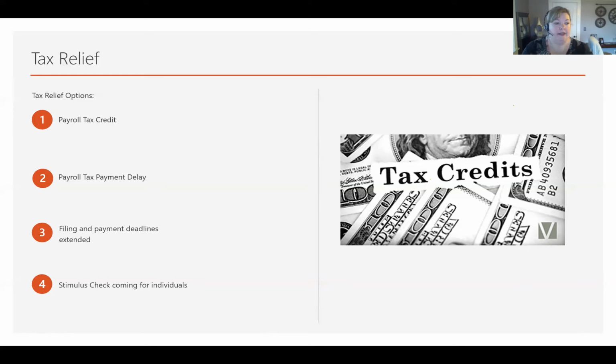Now, in all the items that I've read and talked about with all the experts, there is a possibility that it's going to come out that you can't use the payroll tax credit and the PPP program at the same time. Because I said you don't have to use it all the way until the end of the year, right?